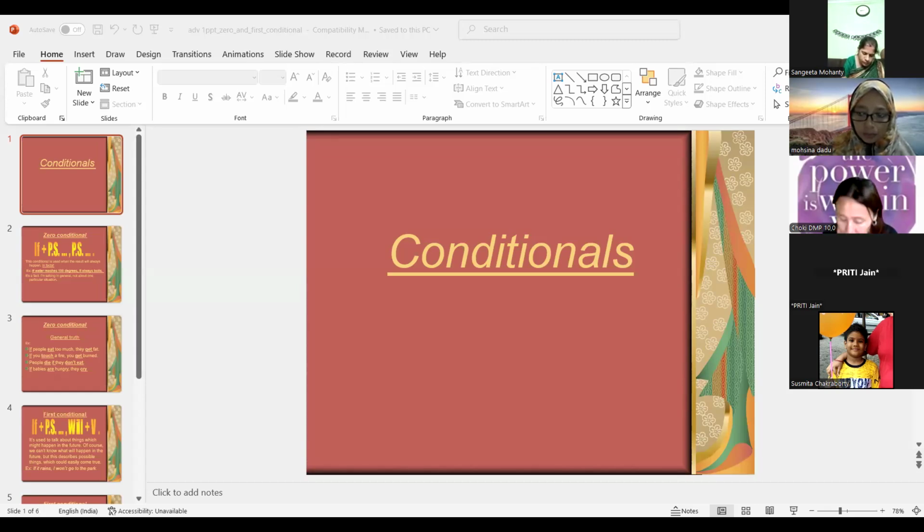Don't know what has happened. Can anyone tell me what is the shortcut key of slideshow? The cursor is not moving. Sometimes the cursor gets stuck, so it becomes very difficult. I'll just press Escape.